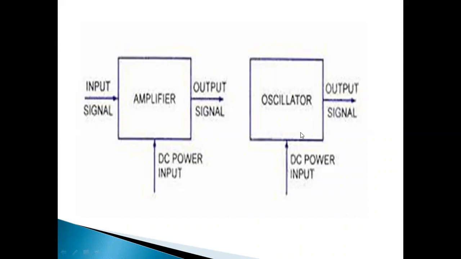Whereas in the oscillator, we are not applying any AC input signal. Without giving any AC input signal, it generates some AC output signal. So that is the difference between amplifier and oscillator. But here also we are applying some DC power input. Okay. Next.